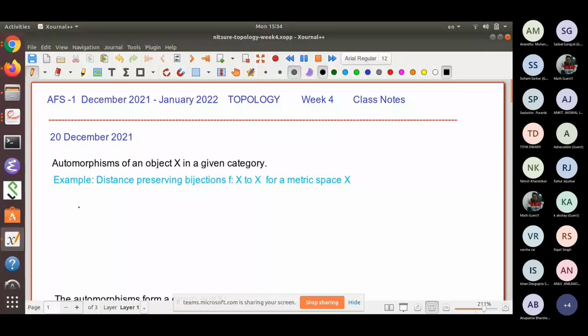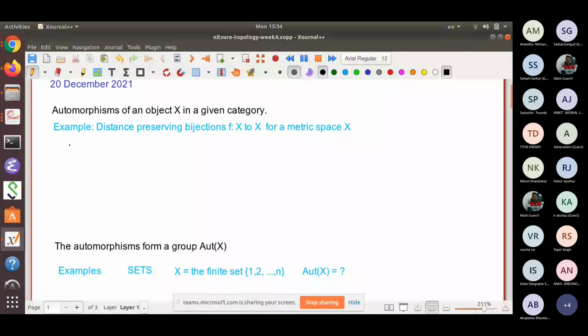I'm going to ask you a question. Suppose my X is the real line with usual metric, R usual. Then tell me some automorphisms that preserve the metric.